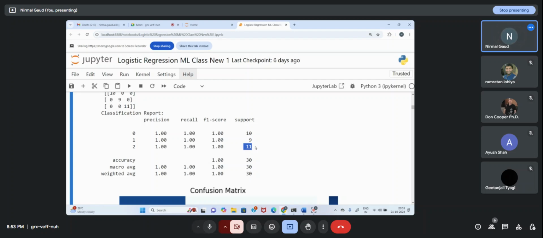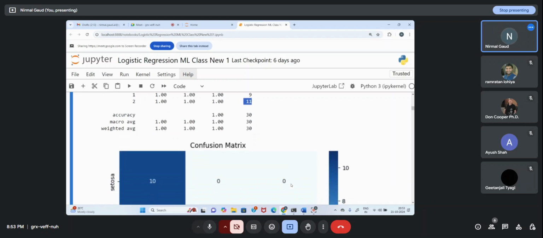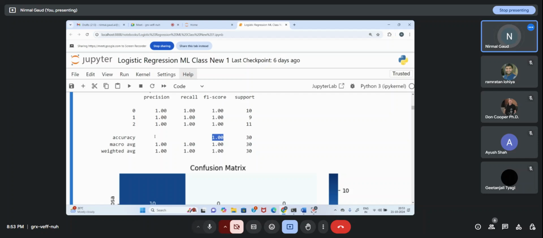Now we have a few more terms before I get to AUC ROC. Accuracy is known to you. So accuracy is 100%. Apart from that, I am having macro average and weighted average.